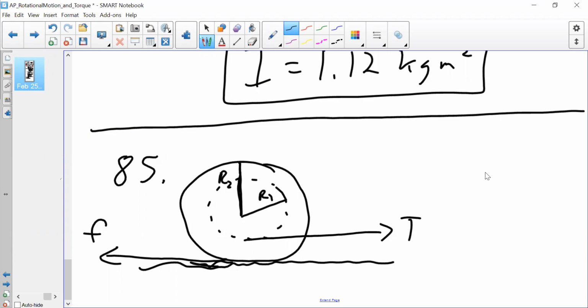The mass of the spool, including the thread, is M, and its moment of inertia about an axis through its center is I. The spool is placed on a rough horizontal surface, so it implies friction there, so that it rolls without slipping when a force T acting to the right is applied to the free end of the thread. Show that the magnitude of the friction force exerted by the surface on the spool is given by that formula. Determine the direction of the force of friction.